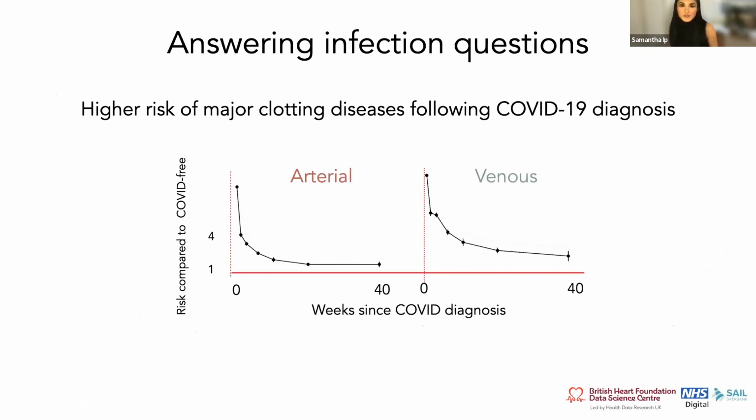So what did we find so far? Here are some very high-level results. As the doctors expected, COVID infection is associated with an increased risk in a wide variety of clotting diseases, some with rather long-term effects. And you may have heard of long COVID, in fact. Here I show 2 umbrella outcomes.